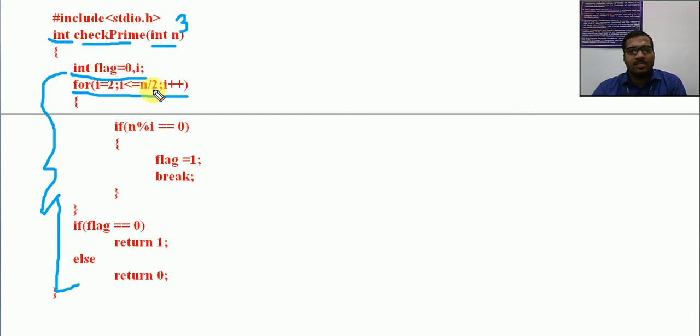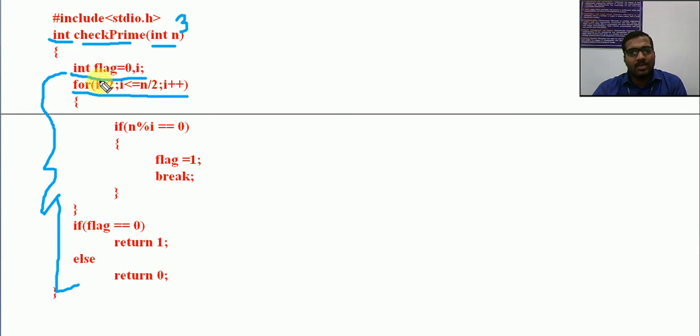We have already seen why it is n by 2. We don't need to go up to n. If you are using 9, up to 9 we don't need to go. Only up to half we require to verify whether it is divisible. Other numbers are not divisible, that is already clear. So for I equal to 2, I less than or equal to n by 2, I plus plus, if n mod I equal to 0, flag equals 1, break.